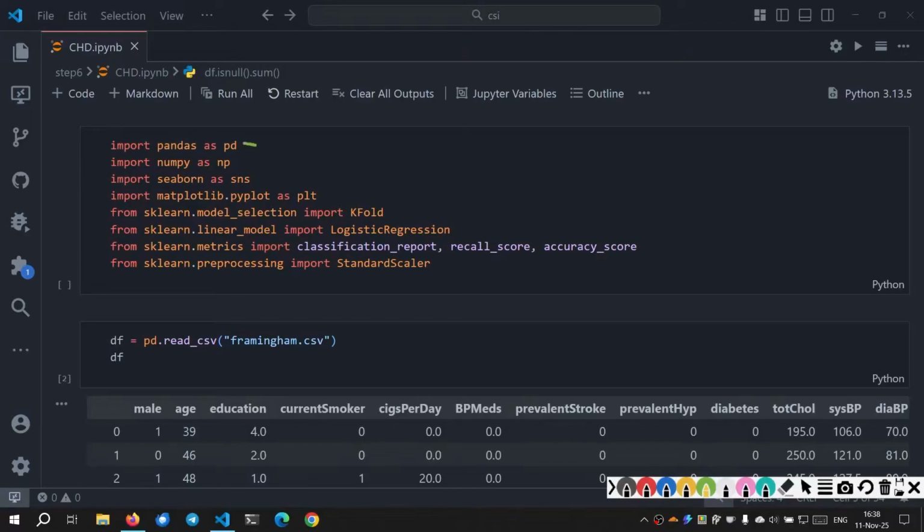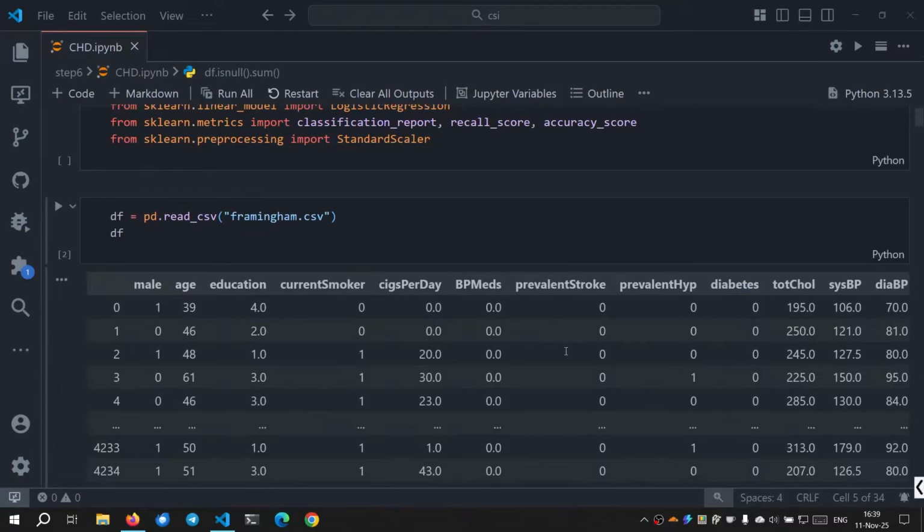We're going to use pandas for handling our data. NumPy is for our calculation. These two are for visualization, and these are for our model training and evaluation. So let's get on with it and load our data and see what's up.